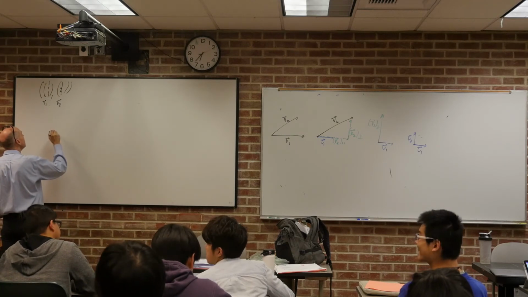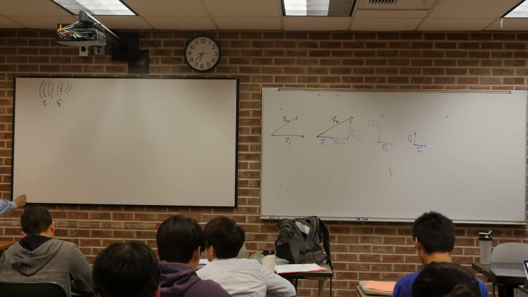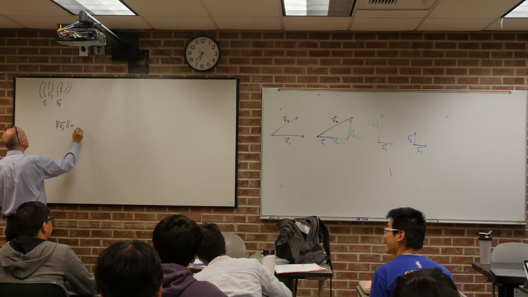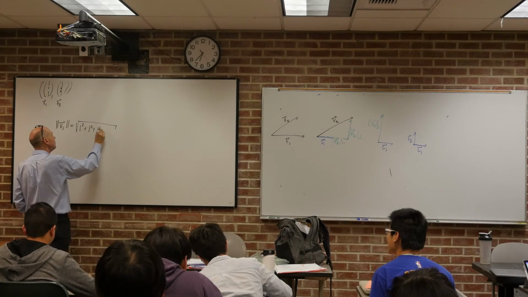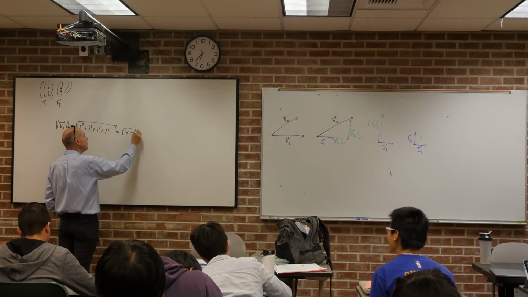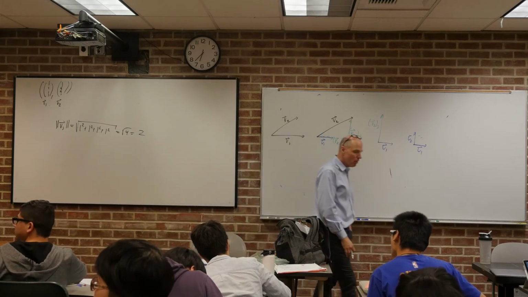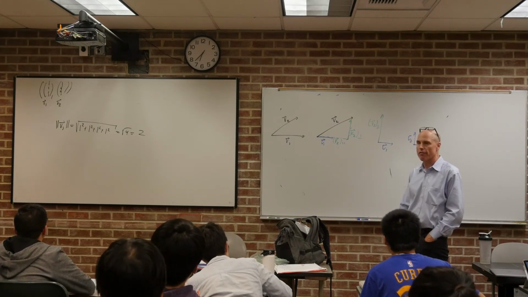What's the second vector? 1, 9, 9, 1. First thing I do is I make that vector, I check the length of that vector.